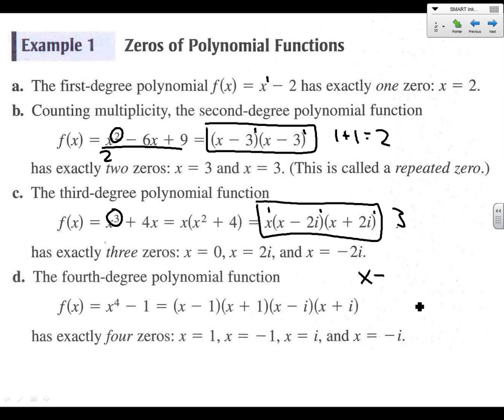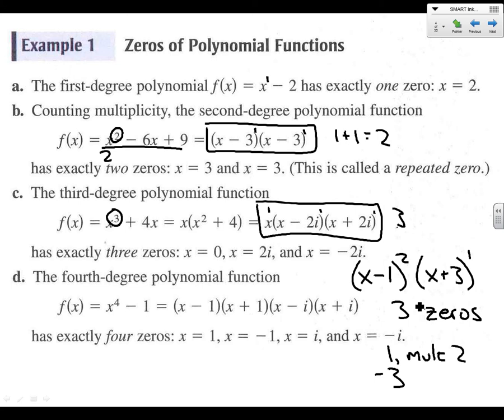If I had this problem, x minus 1 squared, x plus 3, we'd have 3 zeros. But remember, we'd only actually see 2 of them because we'd have 1, we'd have negative 3, but the 1 would be a double zero. Remember, it's multiplicity of 2 on that one.